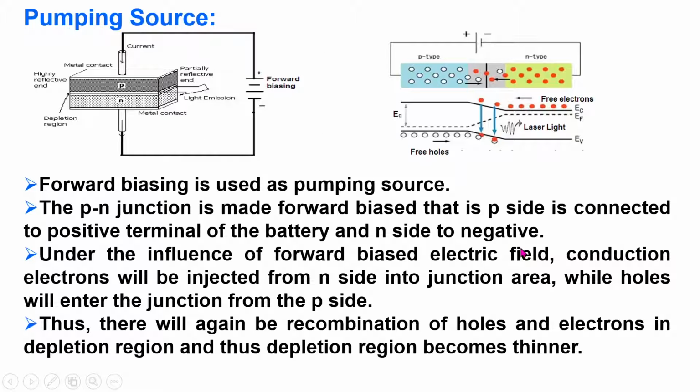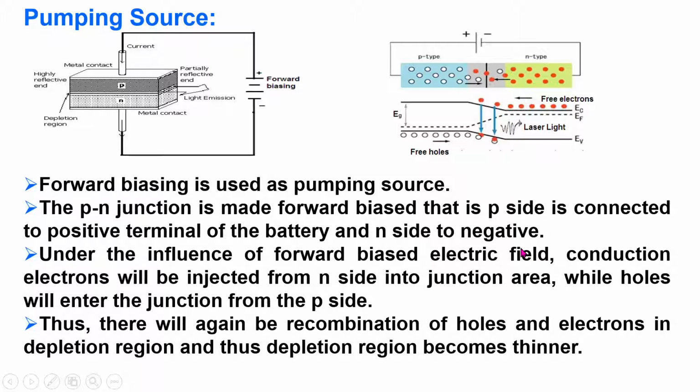The third one is the pumping source. Now in a semiconductor diode laser, a forward bias is used as a pumping source. That means the PN junction diode should be operated in forward bias conditions, and we need an external power supply connected to the PN junction diode, which works as a pumping source.